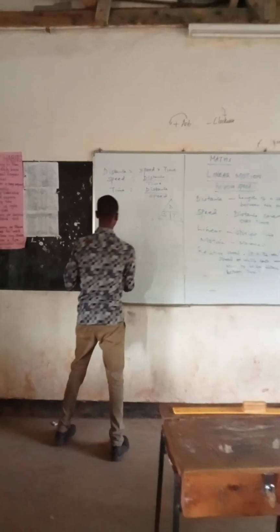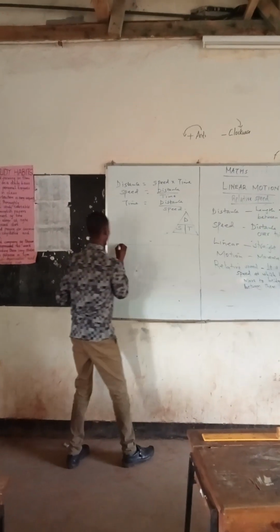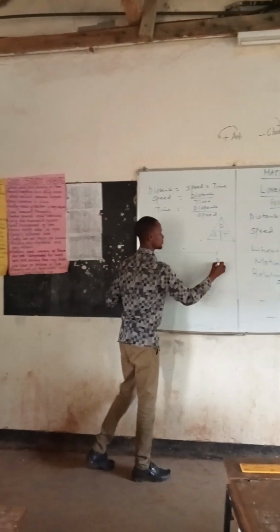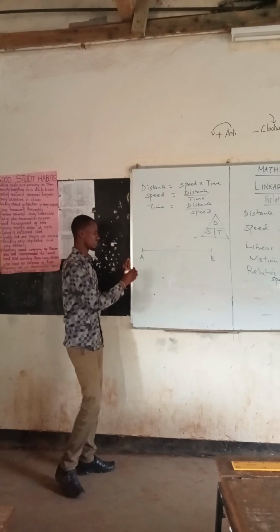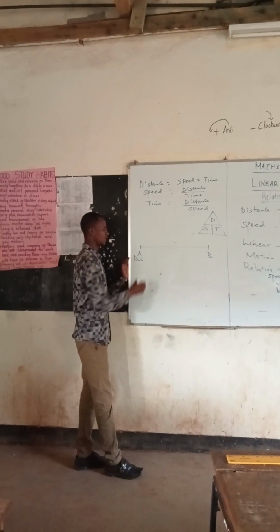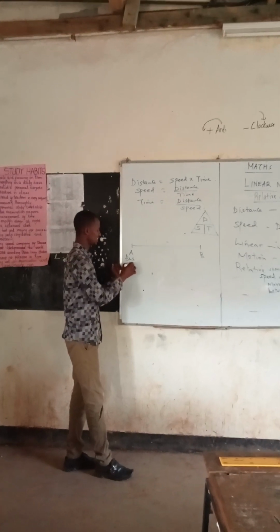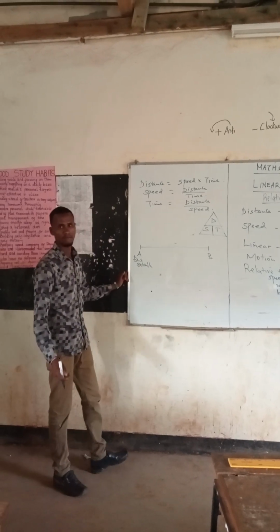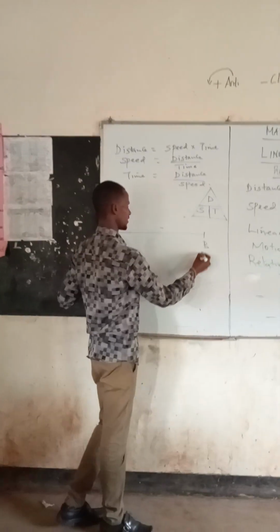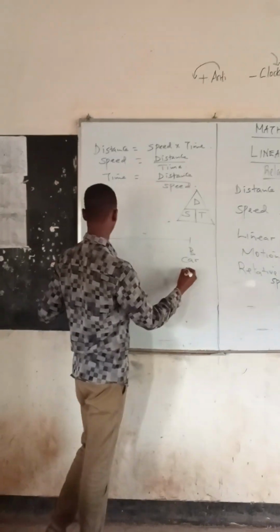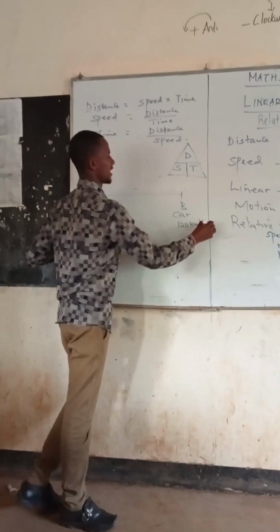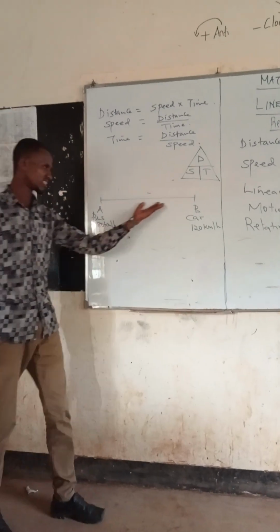If, for example, this is your distance, this is A, and this is B, and let us say you have a bus which is moving, whose speed is 80 kilometers per hour, and a car whose speed is 120 kilometers per hour, and there is this distance between them.